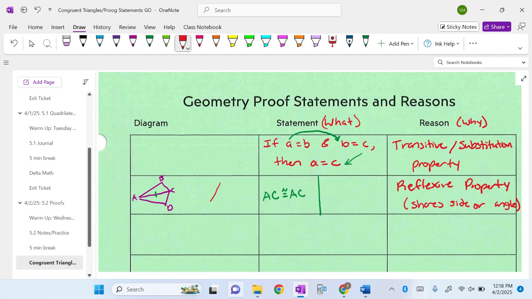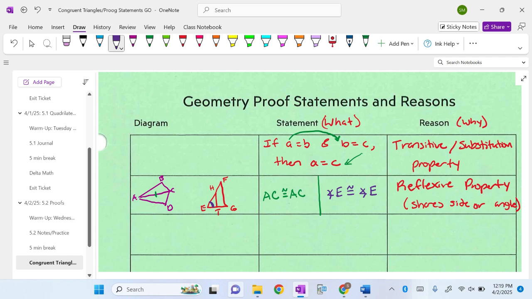Then if I had this picture, let's call this EFG, and this is H, and this is I. These two triangles, the big one and the little one right here, share this angle. So that means that angle E is congruent to angle E because that's the exact same angle.